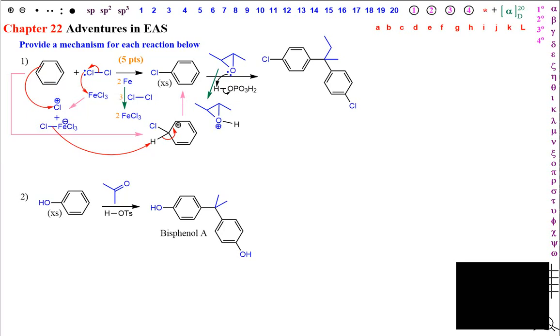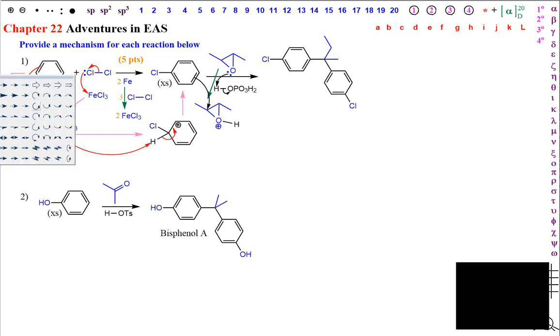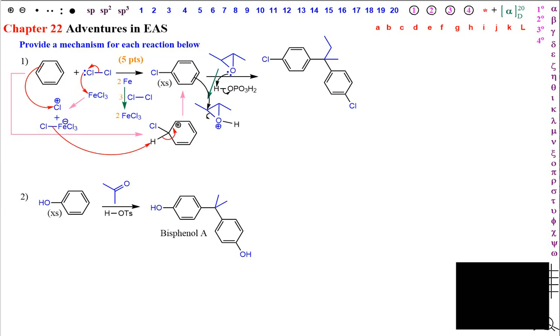To put a group in the para position, we need a pi bond that's attached to a para carbon. Attack. Normally we have to consider which carbon of an epoxide gets attacked, but here we have identical substitution on both carbons, so we just pick one and attack it, generating this intermediate here.